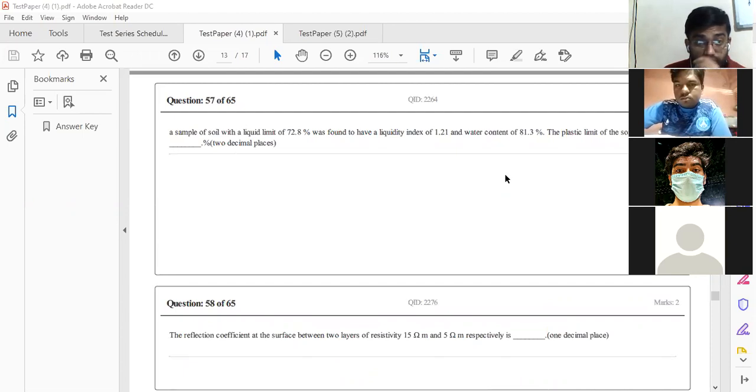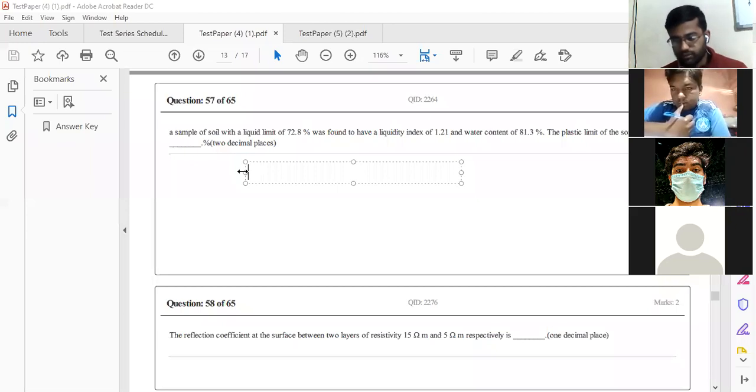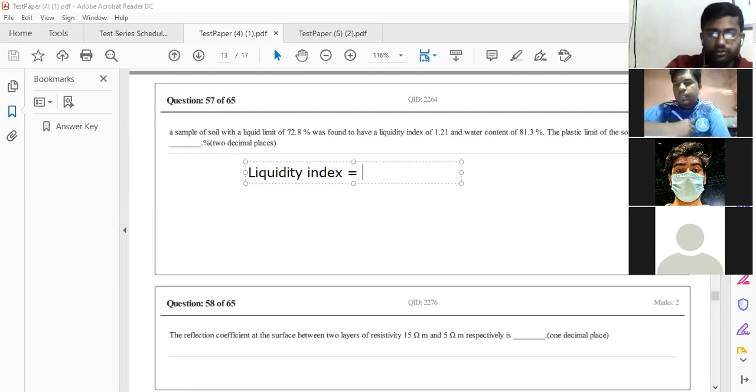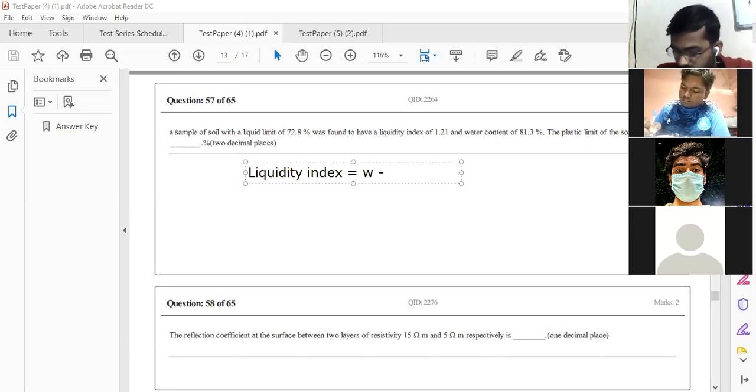A sample of soil with a liquid limit of 72.8% was found to have liquidity index of 1.21 and water content 81.3%. The plastic limit of soil is. Okay, so for this you have the formula: liquidity index is equal to, water content, so I'm using W, minus plastic limit, divided by liquid limit LL, minus plastic limit.